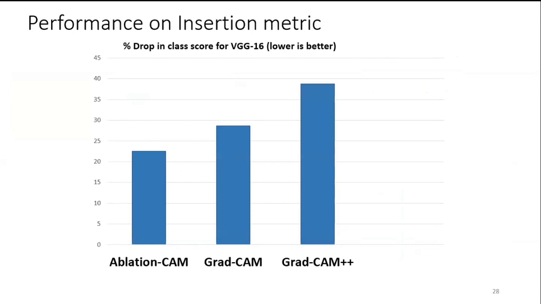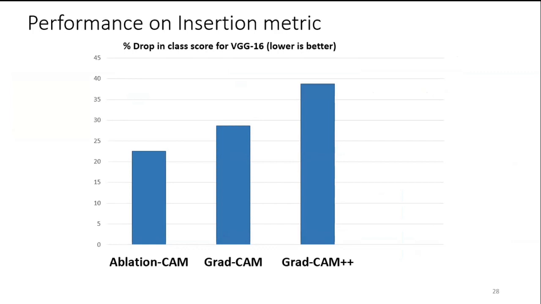And here is a graph which shows how, on average, our technique compares with other techniques. We are comparing our technique with Grad-CAM and Grad-CAM++. This is the average drop in class score for the ImageNet validation data set using the VGG16 network. Here we retain only 50% of the pixels of the original image.